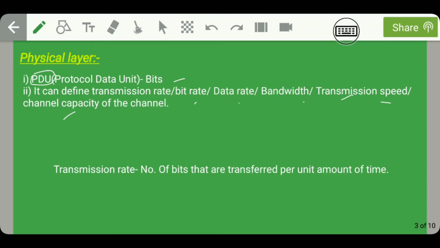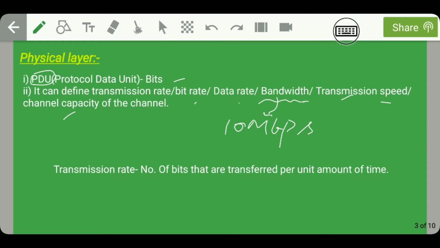Generally, to define transmission rate, we use the terminology bandwidth. For example, we say that the bandwidth is 10 Mbps or 20 Mbps. So what is this 10 Mbps representing here? It represents that we can transfer 10 MB of data using this network bandwidth.